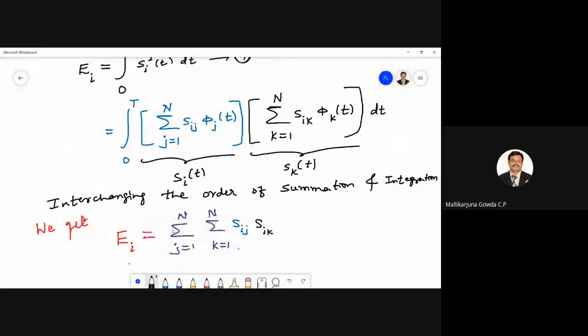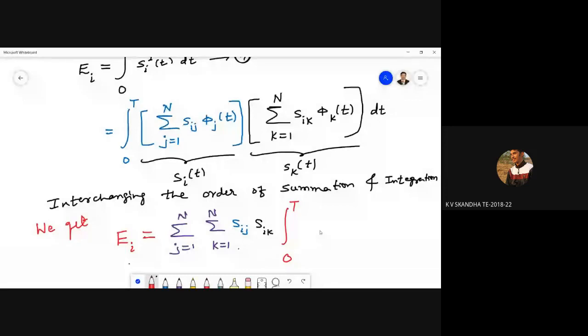So the summation part I have taken. Then what is left out? The integral part, right? Now I can write integral 0 to t. What am I supposed to write here? Phi j of t into phi k of t dt.